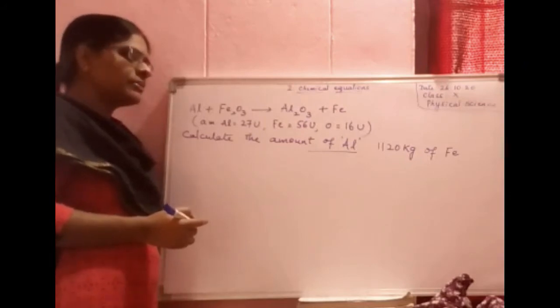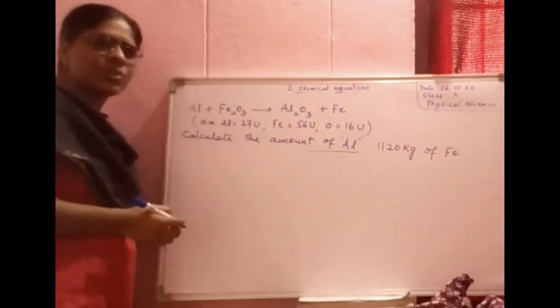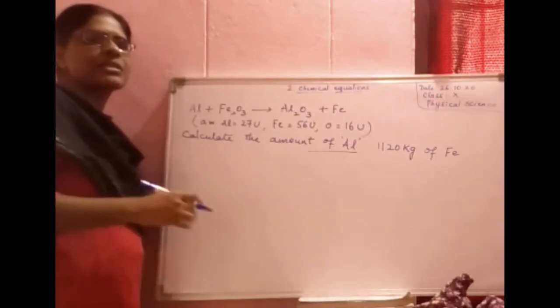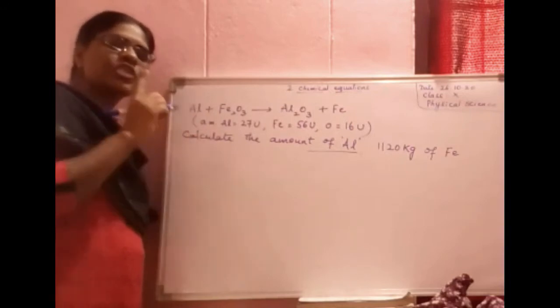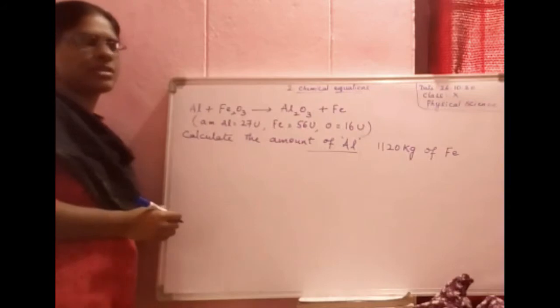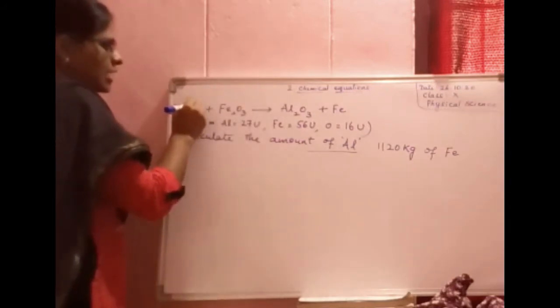Now, first you need to check whether the given chemical equation is balanced. If it is balanced, it is okay. Otherwise, the first thing is you need to balance the chemical equation. How to balance, we have already done in the last class.